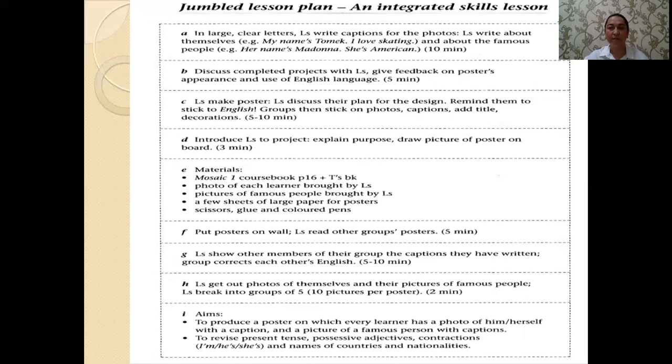Aims. So let's begin putting the steps of the lesson in the right order. So let's begin from I. First of all, we should set aim for our lesson. The aim is to produce a poster on which every learner has a photo of him or herself, with a caption, and a picture of a famous person with captions.